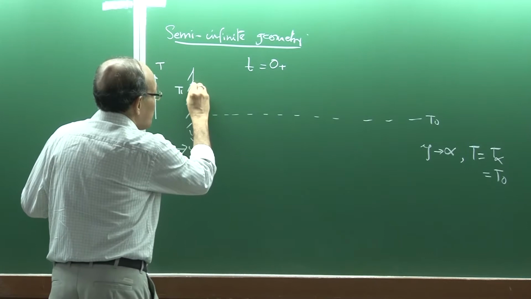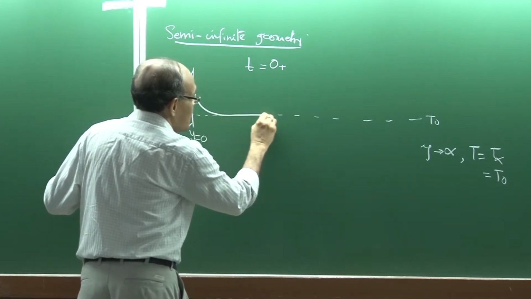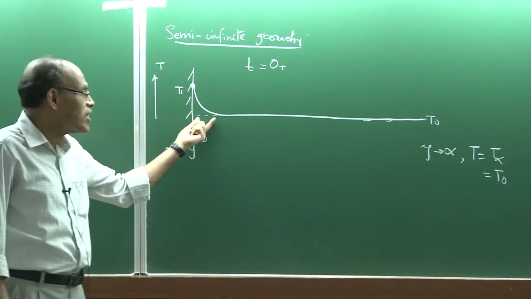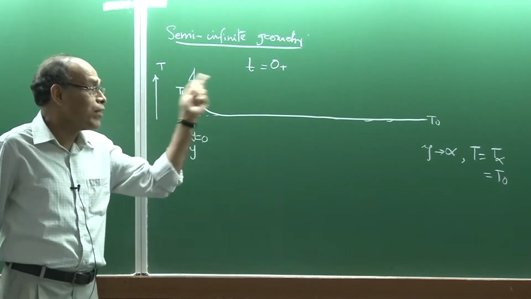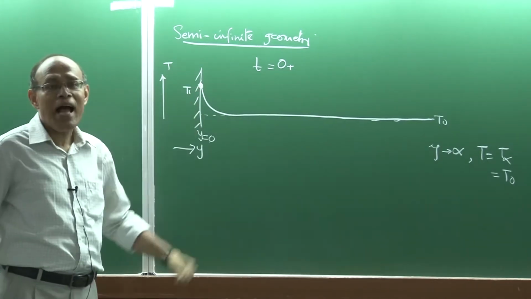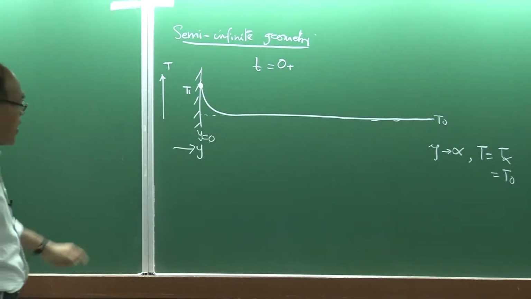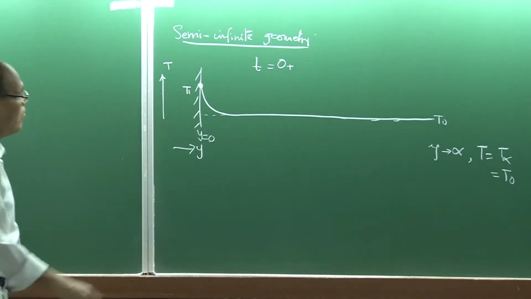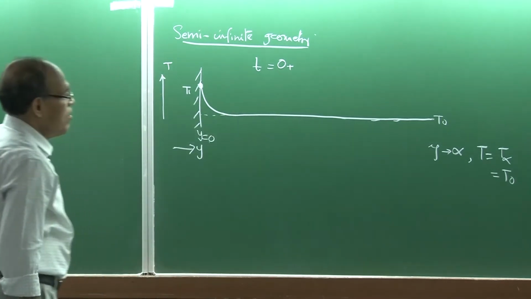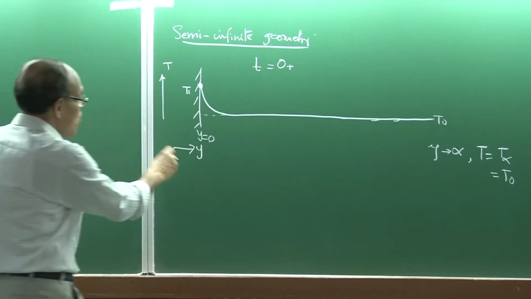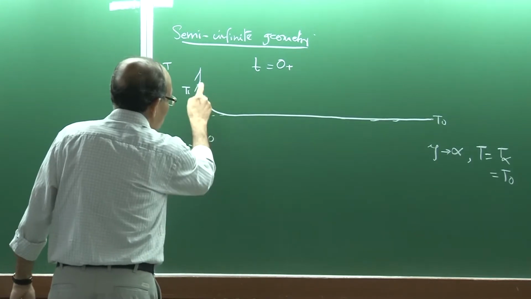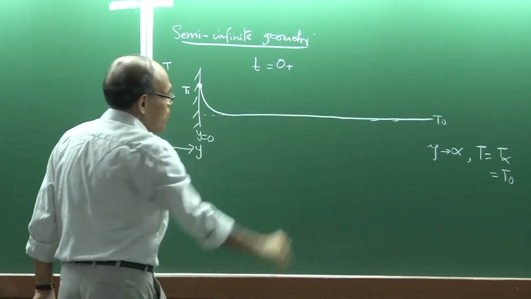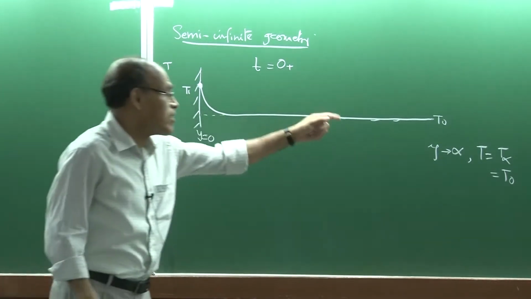So, the graph will look something like this. That is the solution that we expect at very short time. Without even solving the governing equations, we can have a feeling, and I have not drawn it as a linear segment because I know the solution is going to be changing within this short domain, and the rest of the part is going to remain at the initial temperature itself.